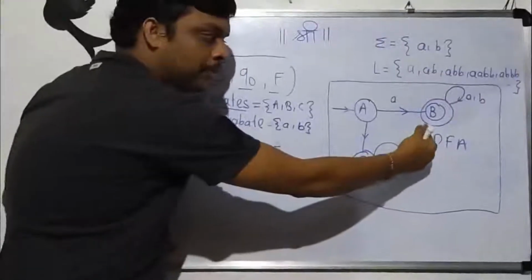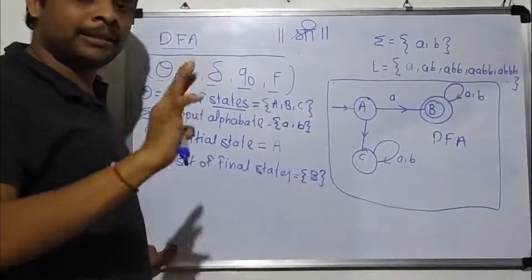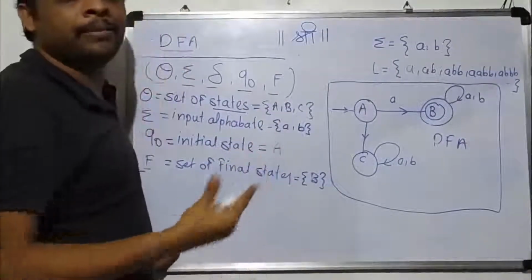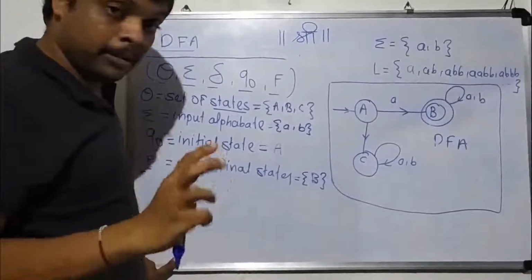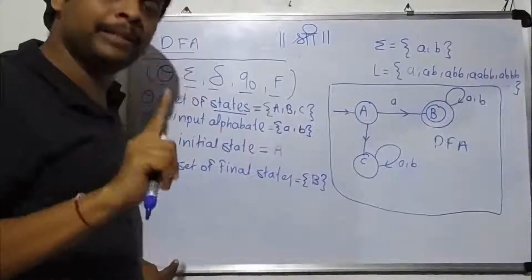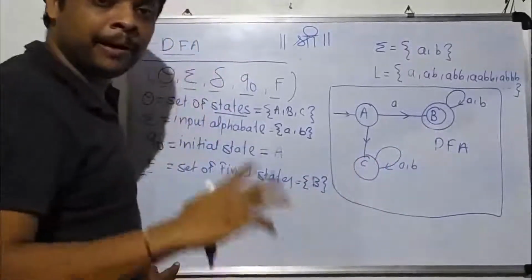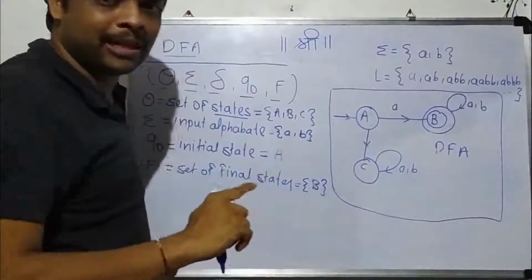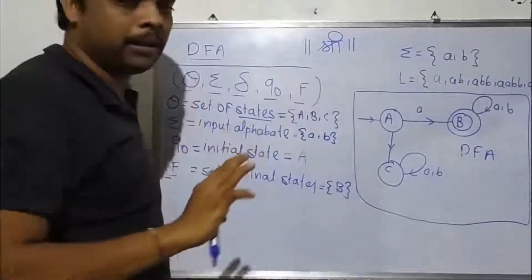In any DFA there will be only one initial state, but as far as final states are concerned, some DFAs may contain only one, and others may contain more than one. I hope this point is clear.